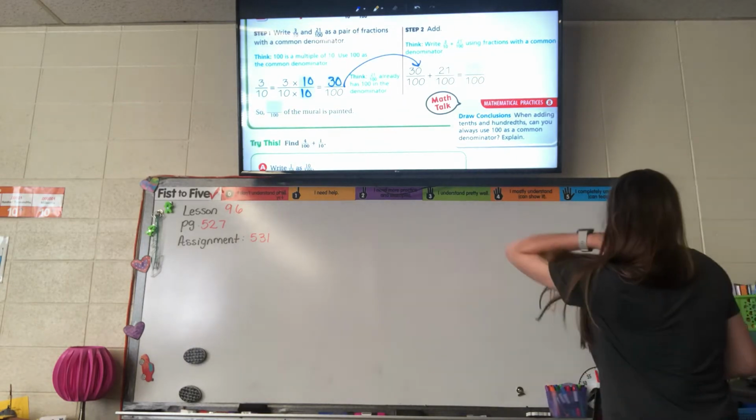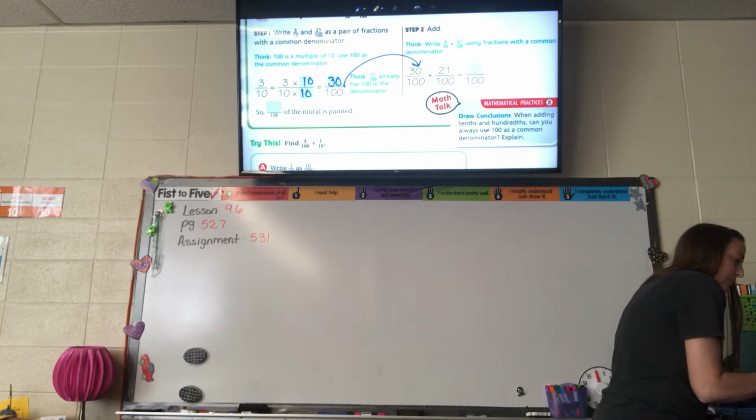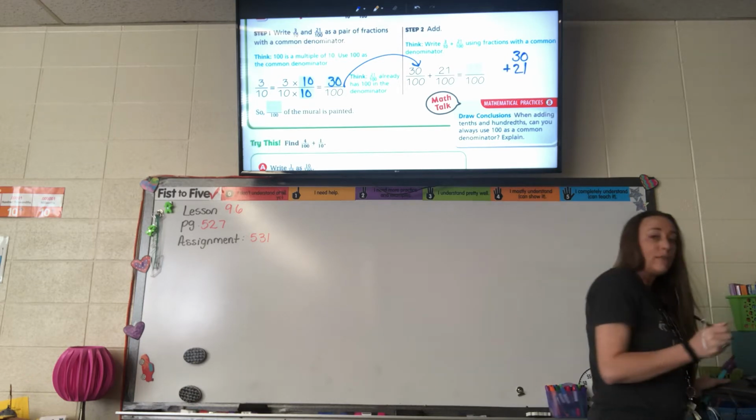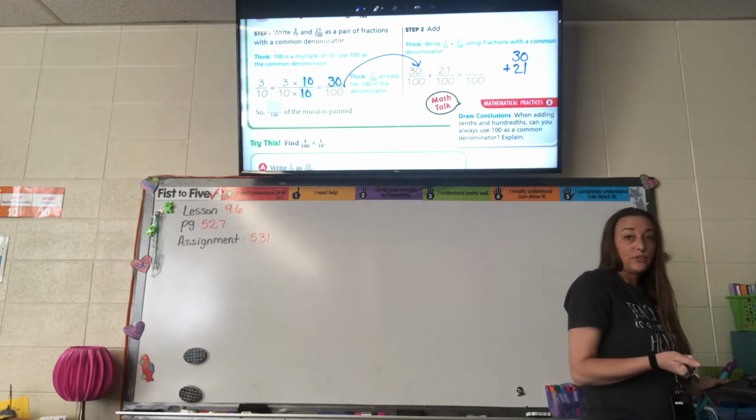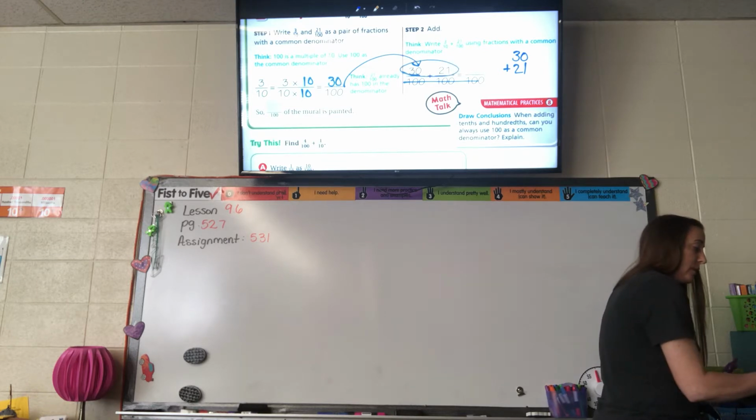And 30/100 plus 21/100. So remember, when you're adding, you can stack those up because when we add fractions, remember the denominator stays the same. So we don't have to worry about anything on the denominator. So we're essentially just adding 30 plus 21.